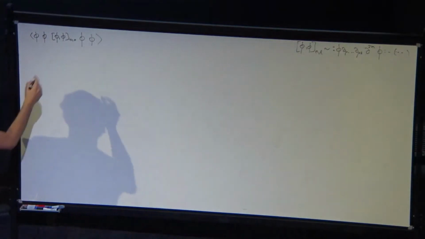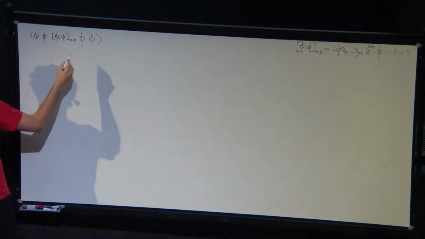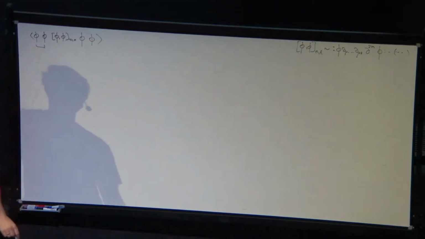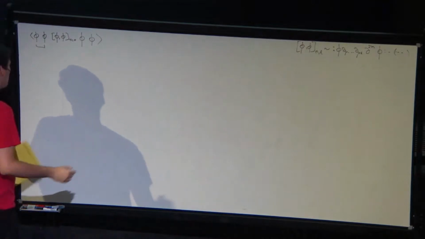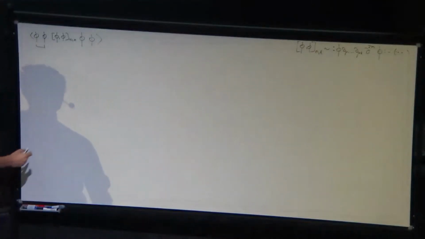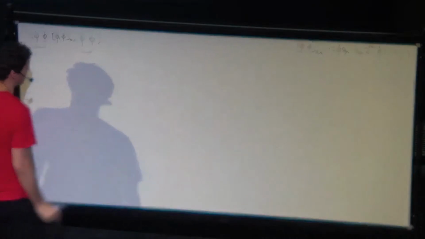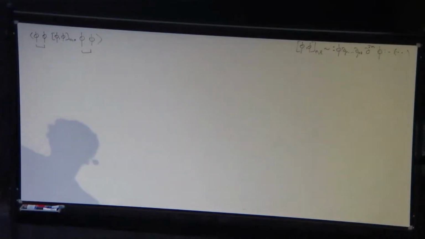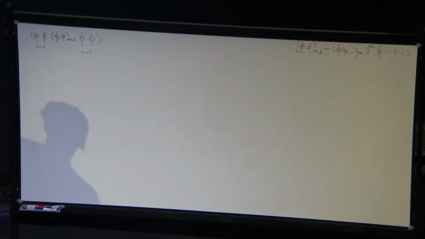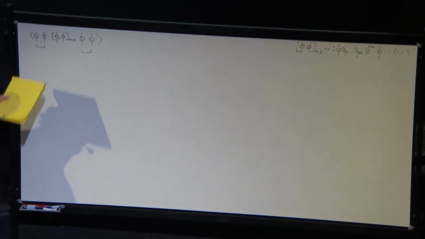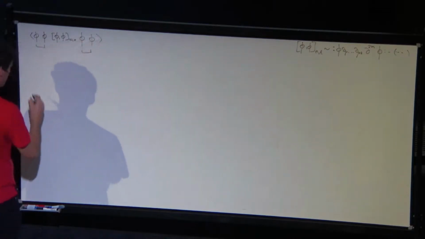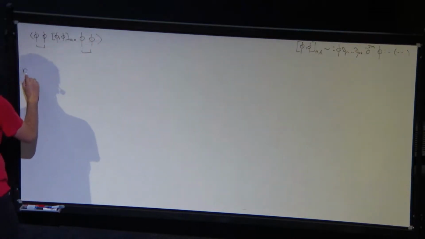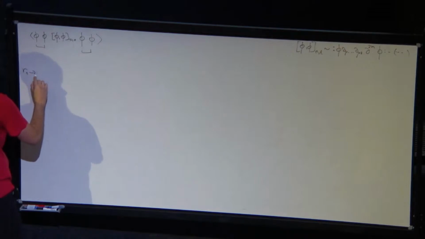So when you consider this 5-point correlator, you can compute it explicitly in mean field theory from one side, and the other thing that you can do is expand it in the OP expansion, and then consider the OP limit of this correlator at R1 goes to 0 and R2 goes to 0.